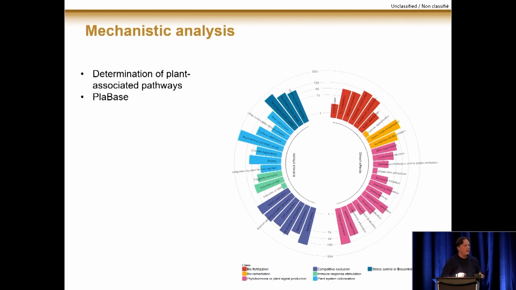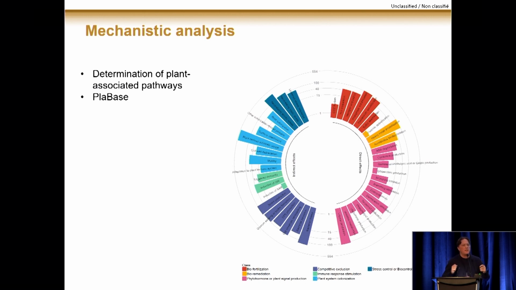Biofertilization, so helping the plant to access minerals and nutrients in the soil, and other things that are associated with plant root colonization and the utilization of plant-derived substrates. So we see all kinds of different mechanisms that this bacterium uses to associate with plants and to inhibit the growth of the fungal pathogen.